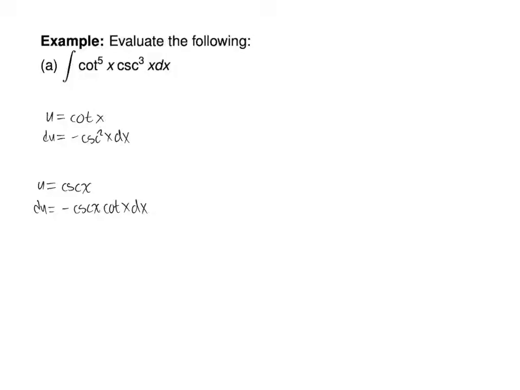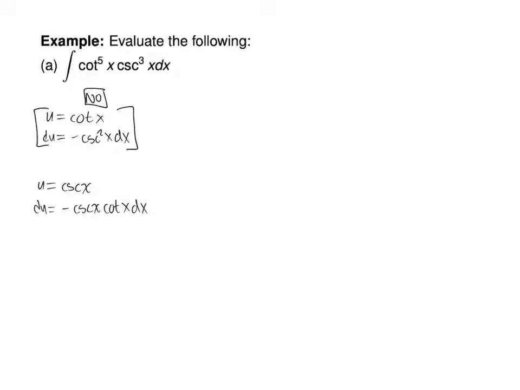So if you choose this first substitution, you have to save a cosecant squared. And if you save a cosecant squared, you have one cosecant left. And the problem is, changing that other cosecant only involves cosecant squared. Does that make sense? This one will not work, kind of like in the previous question when we couldn't let u be tangent.